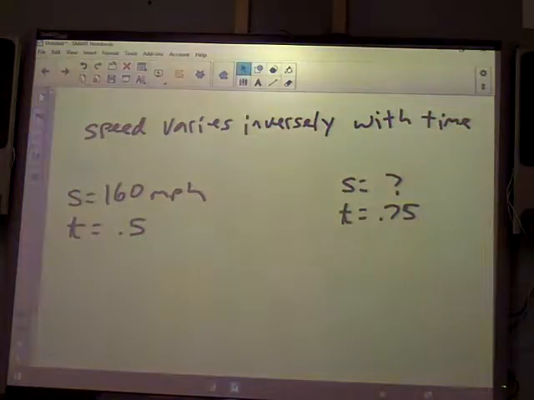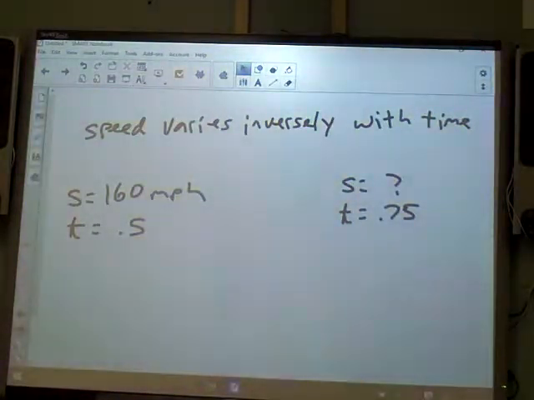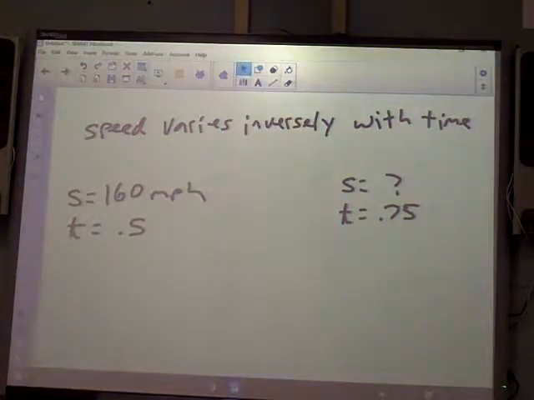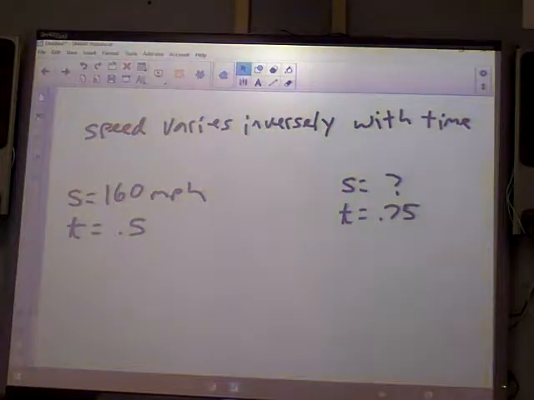I'm getting this question typed right now. Since we're reading a speedometer here, you can round it to a whole number. Okay. I don't know of any that give you partials.